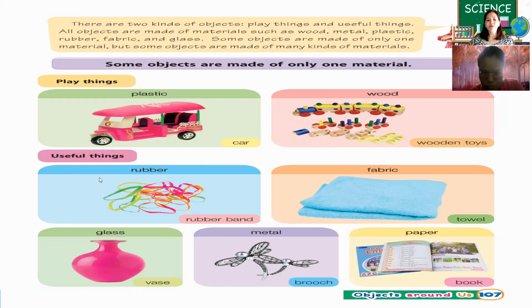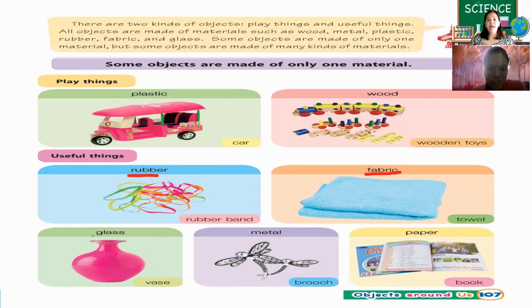How about useful things? We have rubber band, of course, made of rubber. Next, towel, which is made of fabric. Towel is the one we use to dry our body after a shower or after taking a bath.